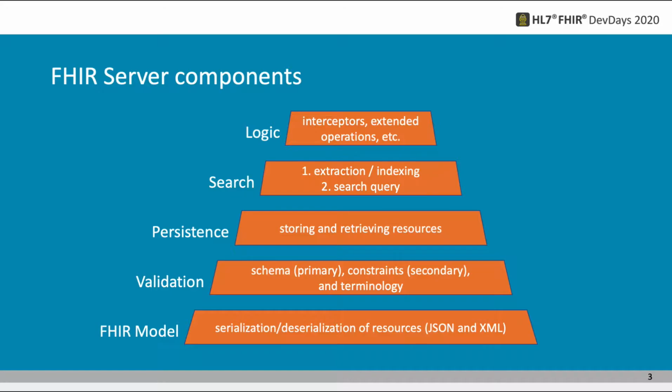Validation sits on top of that and applies schema level validation and secondary constraint validation, as well as terminology binding and terminology value set membership checking. Next, we've got the persistence layer and search, and finally logic. The IBM FHIR server provides persistence interceptors as well as a way to extend the server with custom logic and extended operations. And I think some of the other open source FHIR servers do similar.